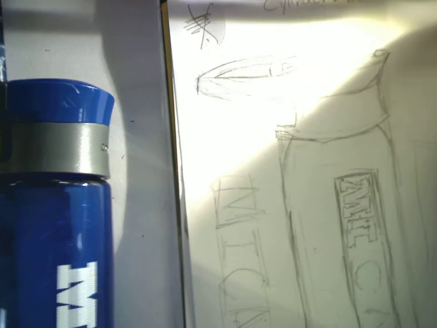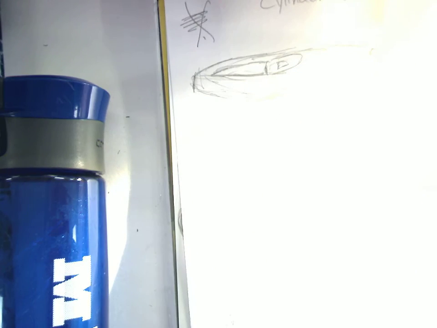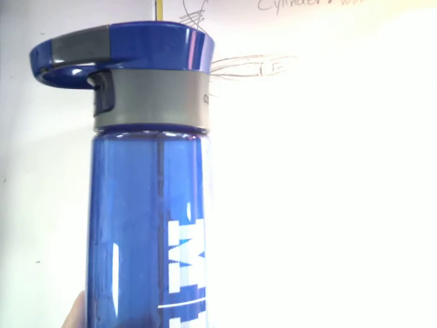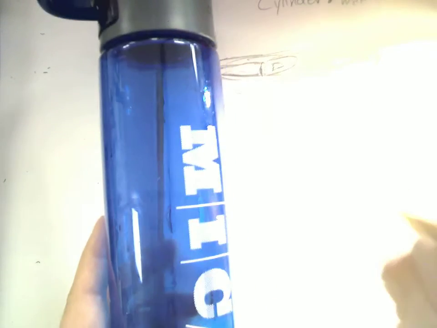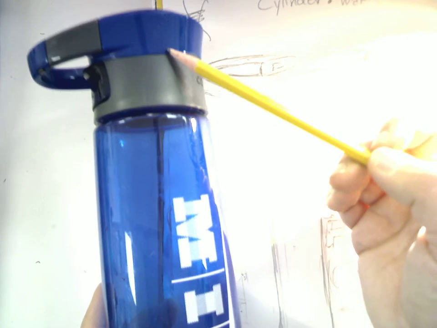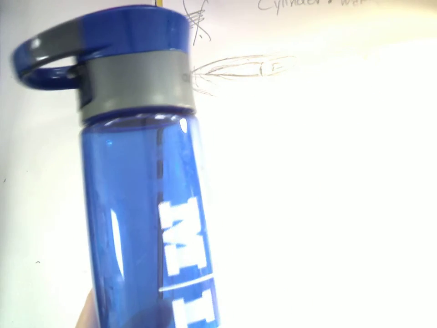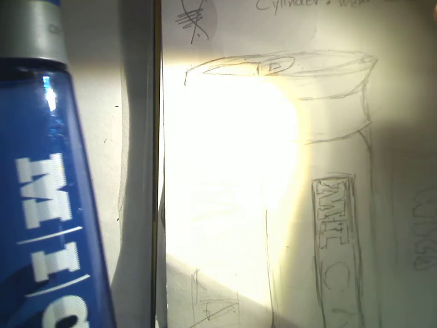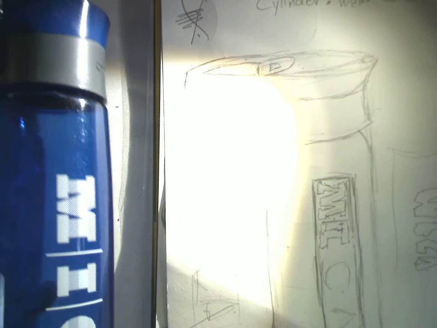See how if I move my object above my light, up here doesn't have a light on it at all, and down here does? You don't want those kinds of shadows. You want to make sure that your light is hitting the entire object from top to bottom.